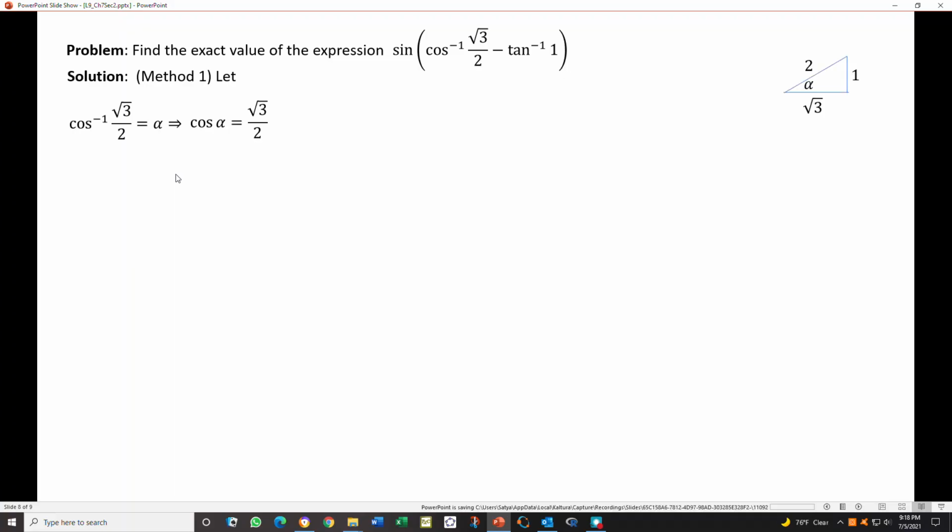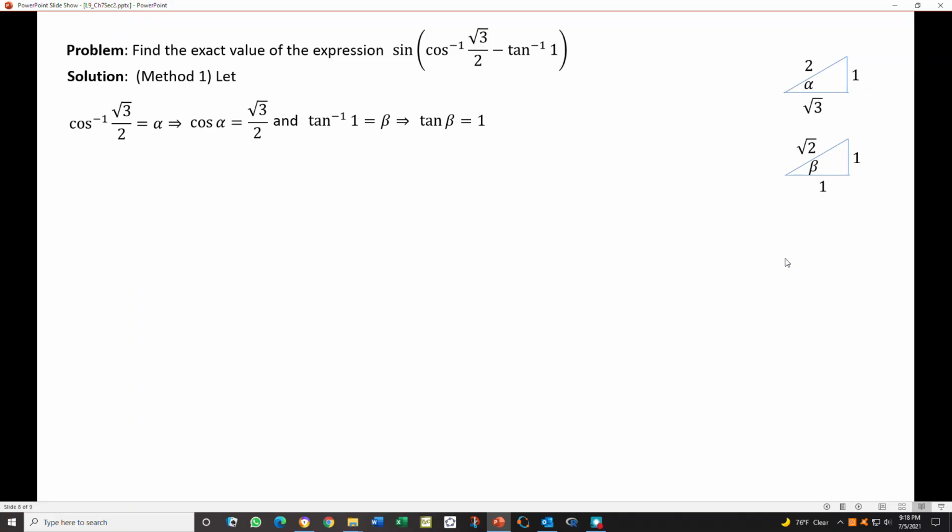So we'll draw a right triangle for ourselves, and say alpha, cosine is adjacent over hypotenuse, so adjacent is square root of 3, the hypotenuse is 2, and so by Pythagoras theorem this should be 1. Similarly, tan inverse of 1, let's set that equal to beta, and then tan beta is equal to 1, and let's draw this, and the hypotenuse would be square root of 1 square plus 1 square, which is square root of 2.